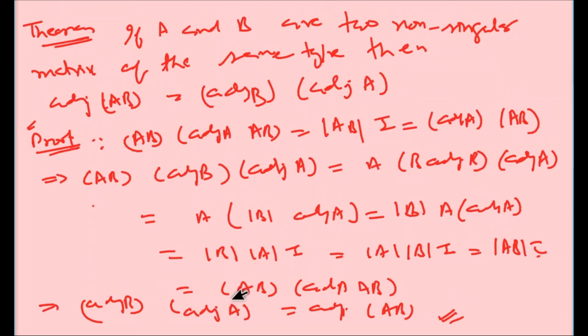Using the cancellation, AB equal to AC does not necessarily imply B equal to C. However, if A, B, C are square matrices of the same type, and A is a non-singular matrix, then AB equal to AC implies B equal to C. So the important point is that we are not using the cancellation law directly. These are the conditions, so we can use this formula.